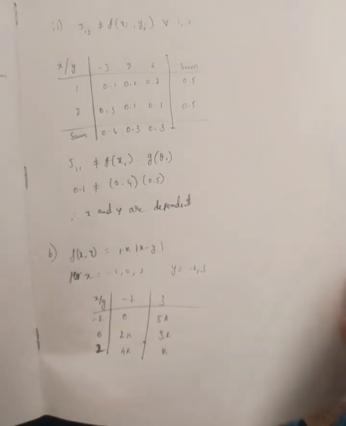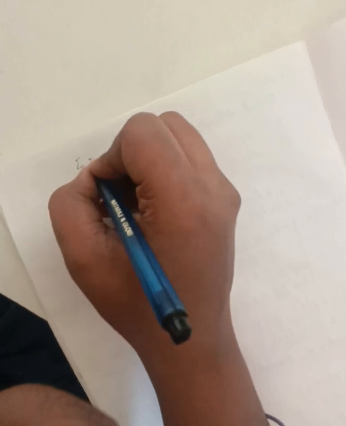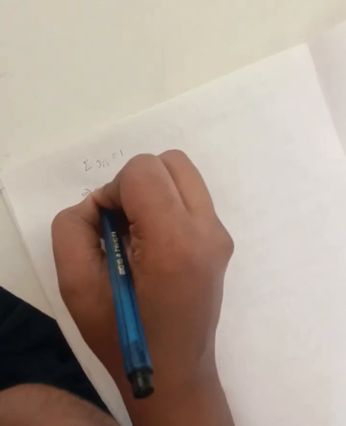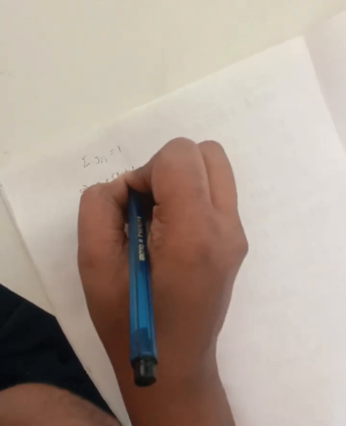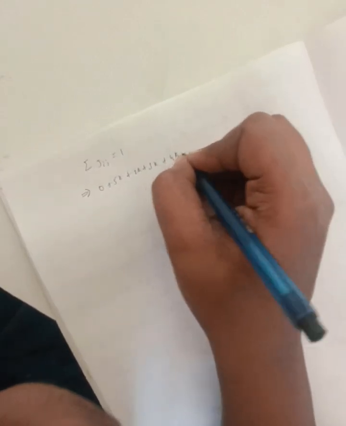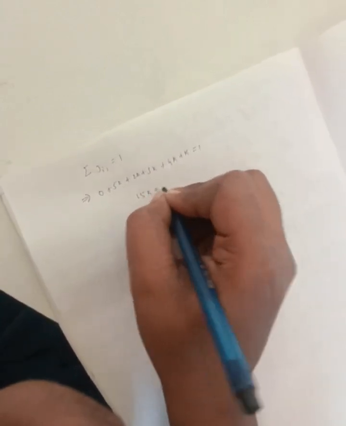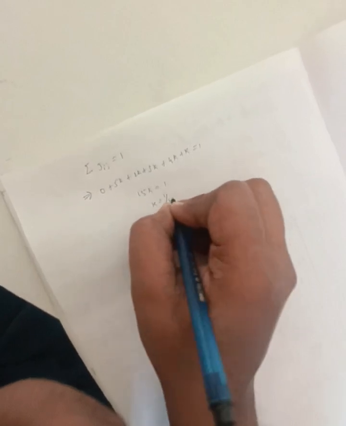Find the value of k. The sum over i, j of f of x_i, y_j equals 1 implies 0 plus 5k plus 2k plus 3k plus 4k plus k equals 1. This becomes 15k equals 1, so k equals 1 by 15.